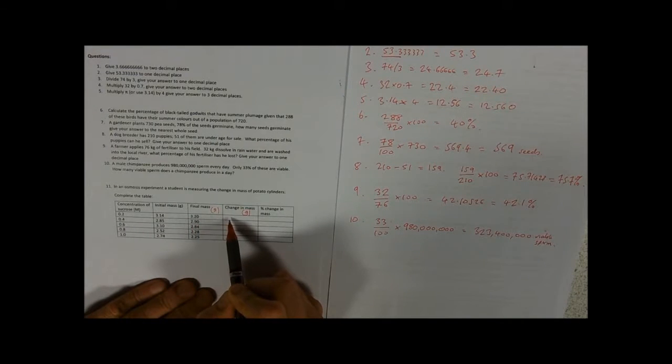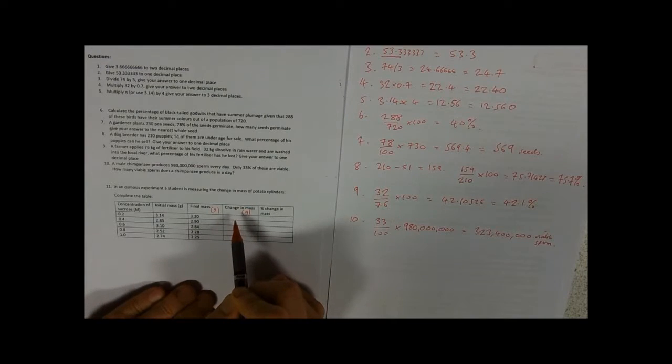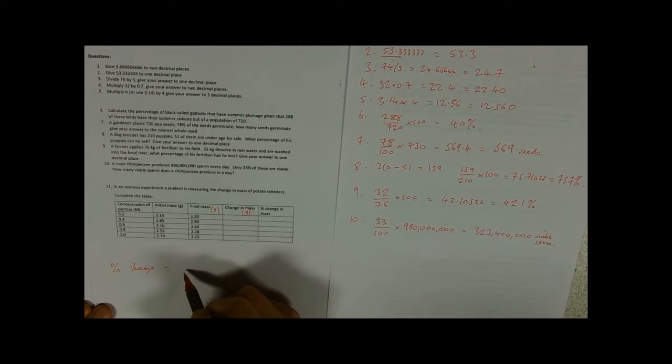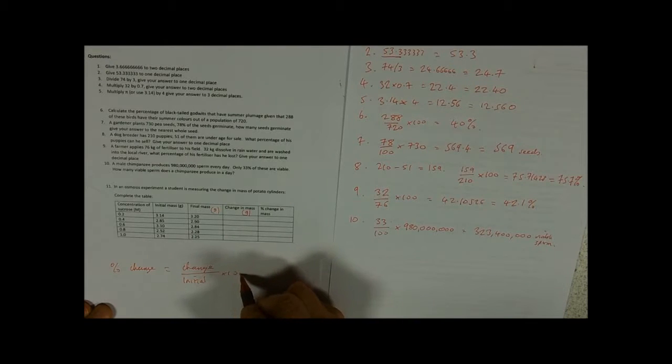And so we need a change here, and what we're trying to do is get you to do percentage changes eventually. So percentage change is change divided by the initial times by 100.